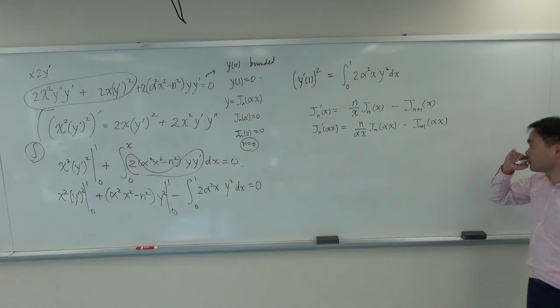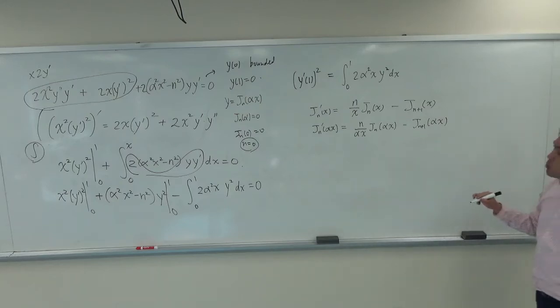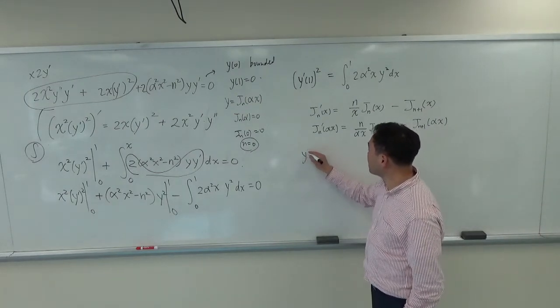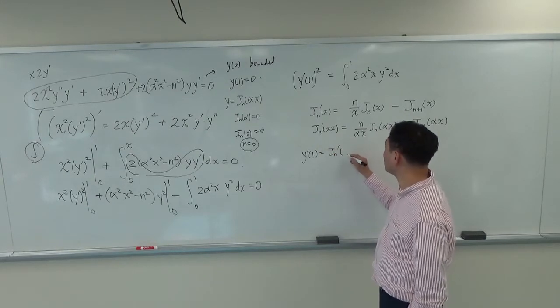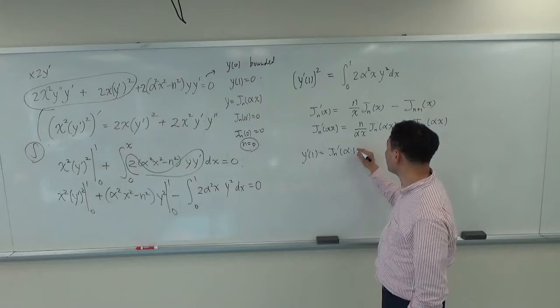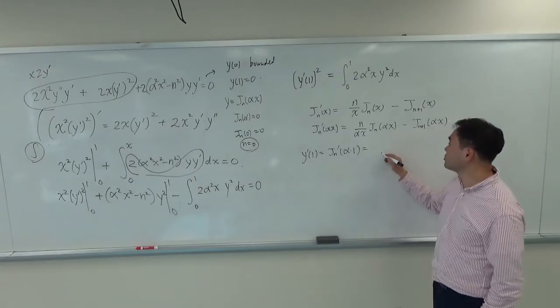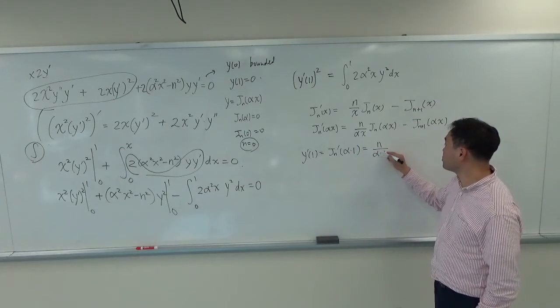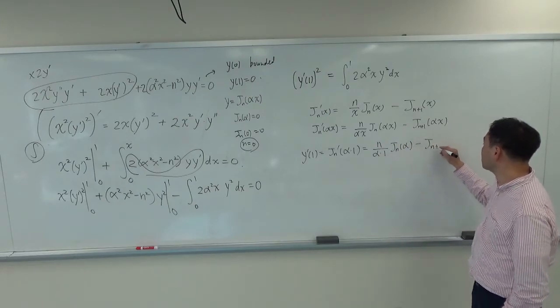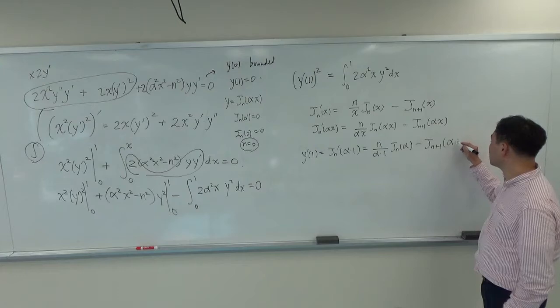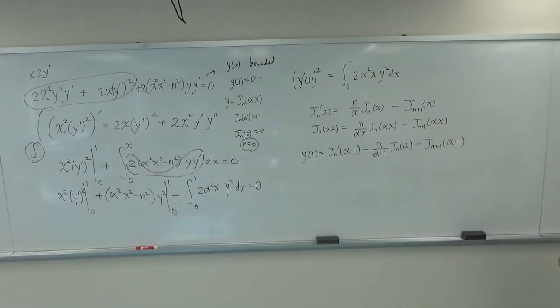And then y prime of 1 would be n over alpha times 1, jn of alpha minus jn plus 1 of alpha.